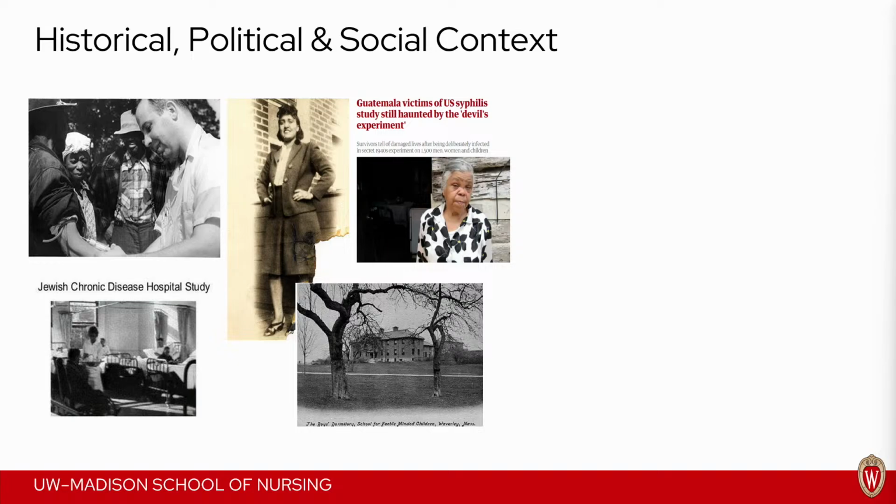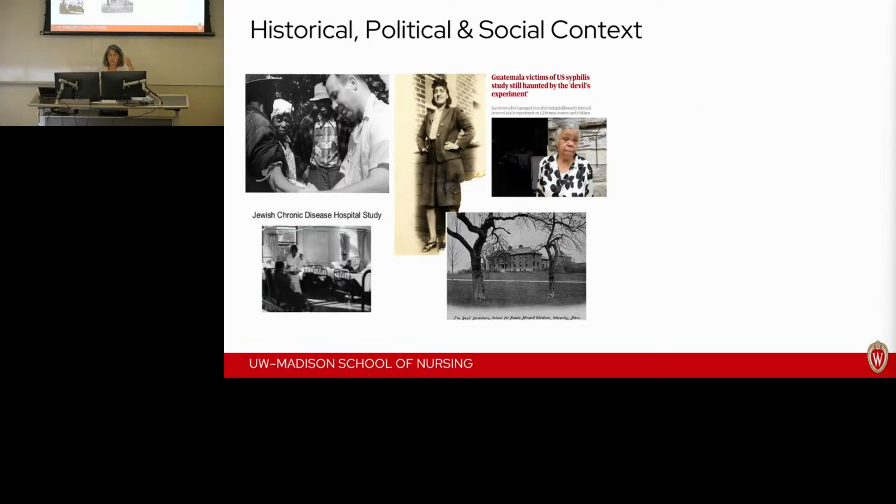It was a home for intellectually and developmentally disabled boys who were used in studies to understand the progression of ingesting radioactive material. And then I also have a picture of the Jewish Chronic Disease Hospital study, which was also about understanding the progress of disease with this population. And I could just keep talking and talking about this, there are many of these.